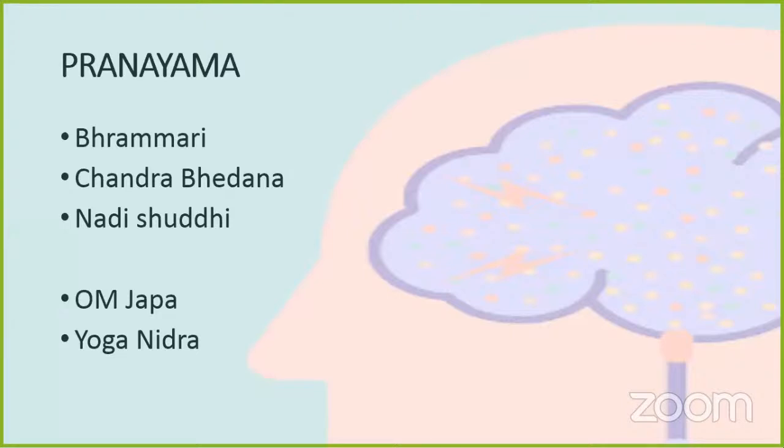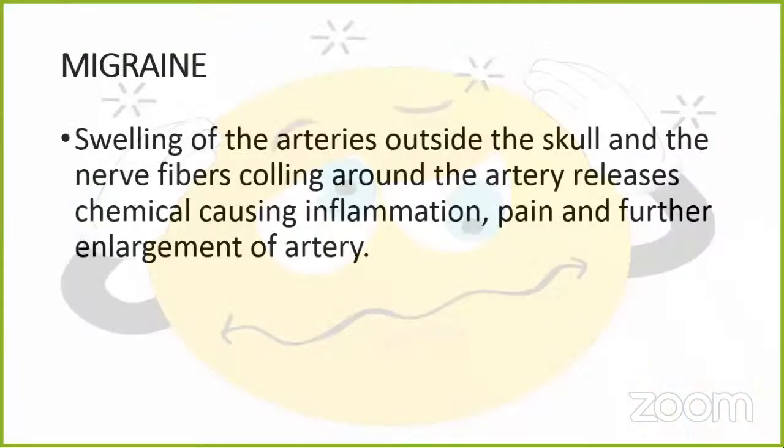We should not immediately give them any inversions. Gradually, for any condition, the inversion plays a vital role, but how you are taking them towards inversion is very important. The preparation is very important, and it is more individualized. Yes. So now we are moving towards the migraine.